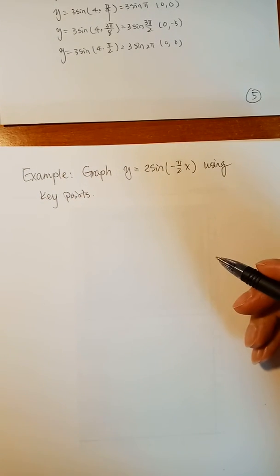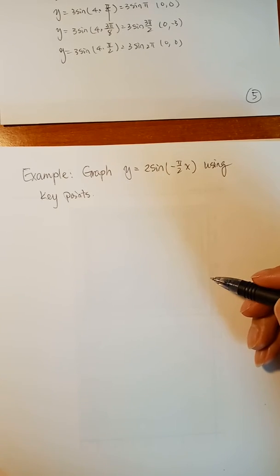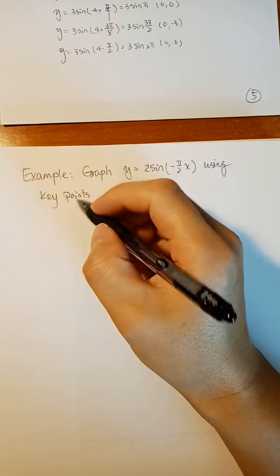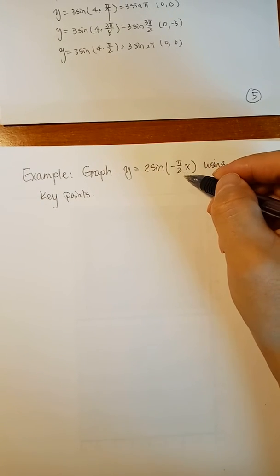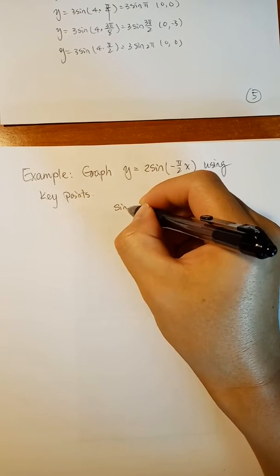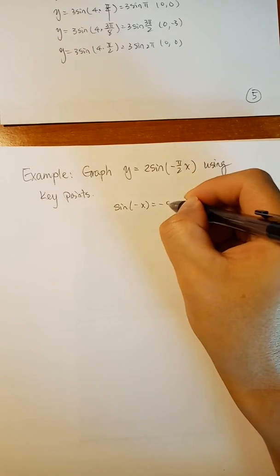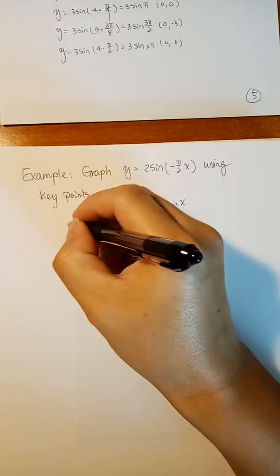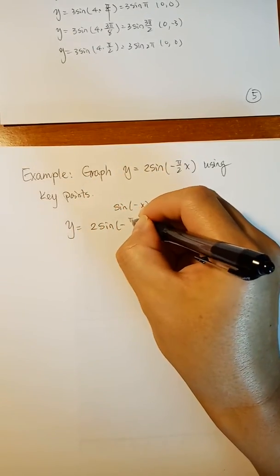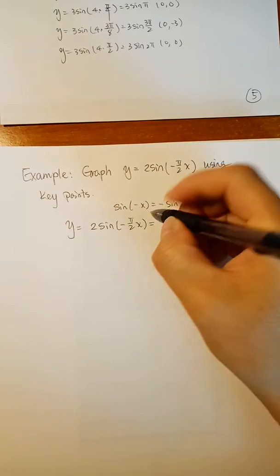Graph y equal to 2 times sine of negative pi over 2 x using key points. So first, sine of negative pi over 2 times x. We know that sine is an odd function. Remember that sine of negative x is negative sine of x. So before we do any computation, let's move this negative sign forward.